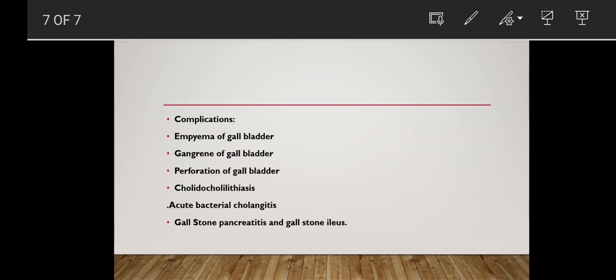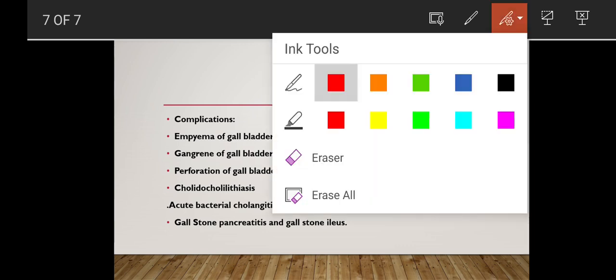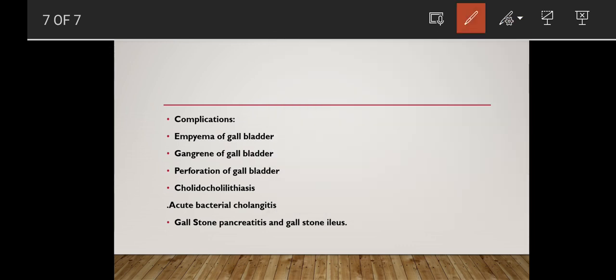If the stone gets stuck in the neck of the gallbladder, it will lead to stasis of the bile within the gallbladder. Suppose this is the common bile duct.